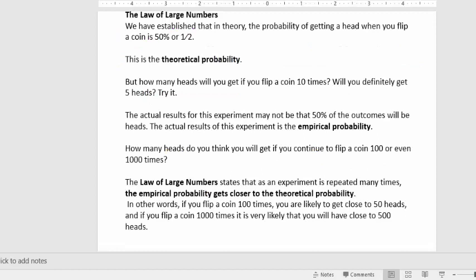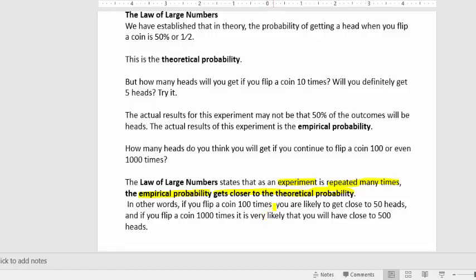And then the last thing here is kind of a nice thing to think about, what's called the law of large numbers. It basically tells you that if you do an experiment many times, what eventually happens is the empirical probability will get closer to the theoretical probability. So let's say, for example, I flip the coin 100 times.